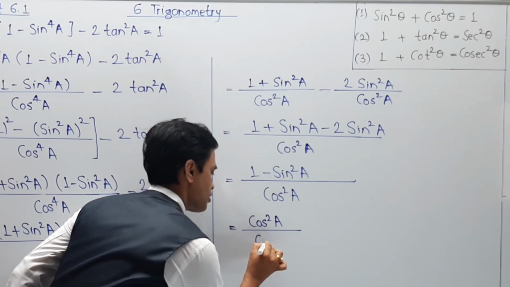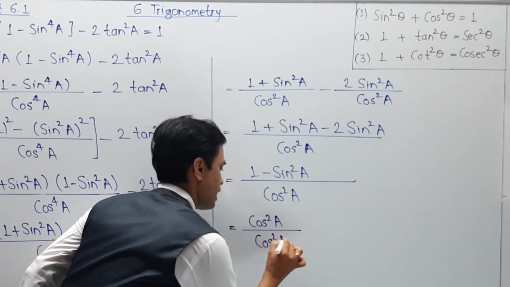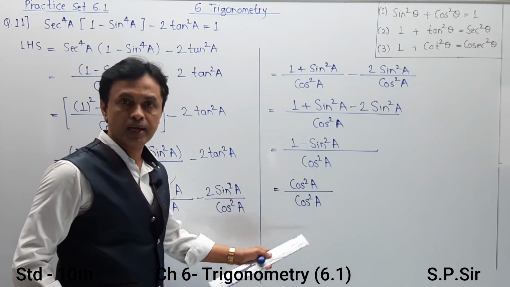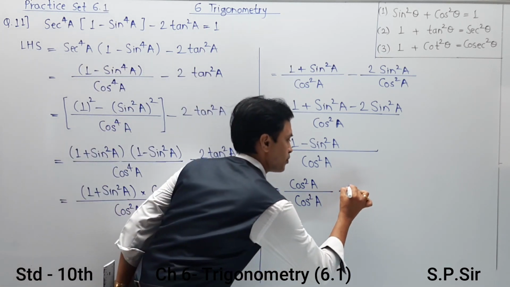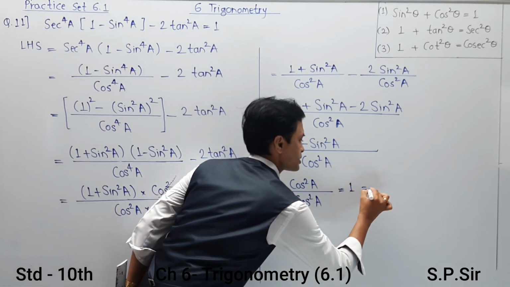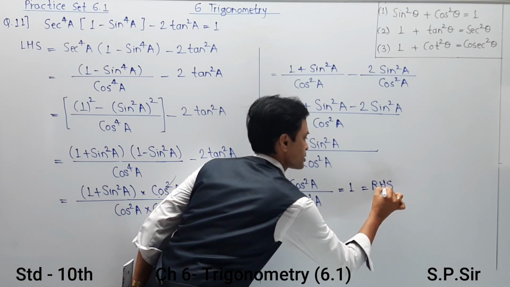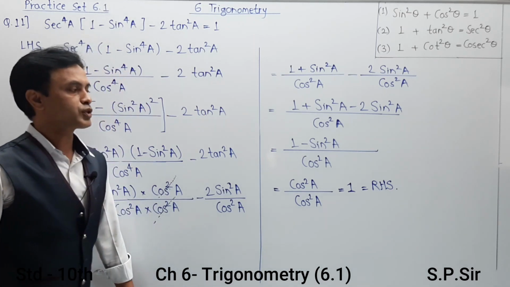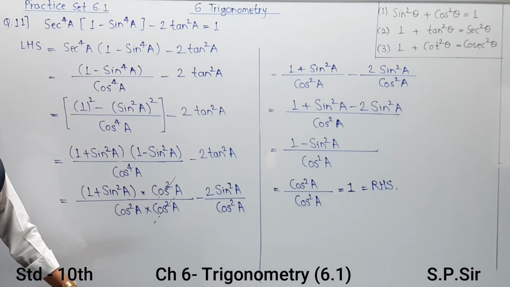Total divided by cos square a, and cos square a upon cos square a cancel each other, and this becomes 1, and that is nothing but your RHS. And in this way you can solve this entire numerical.